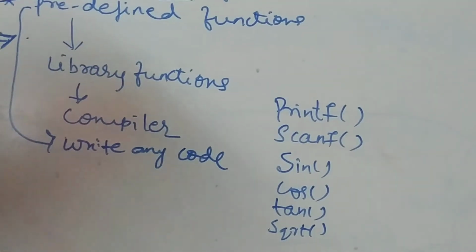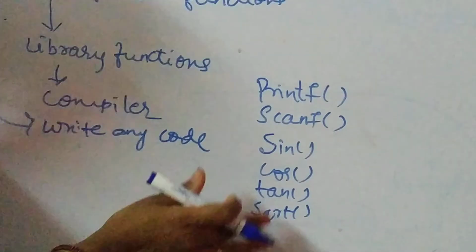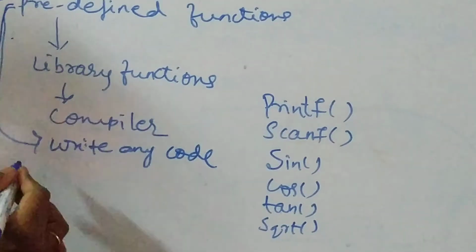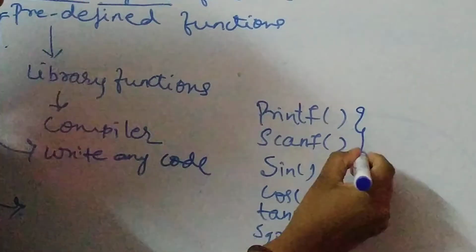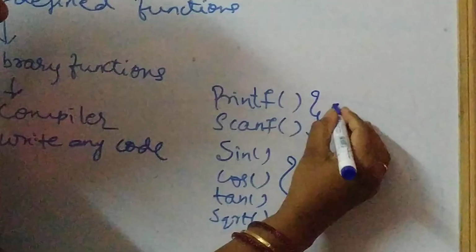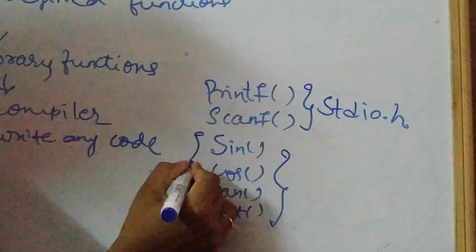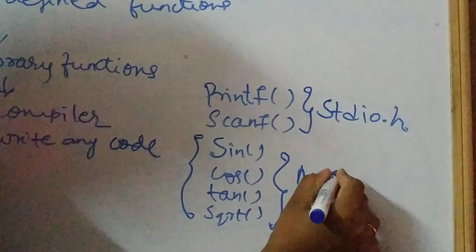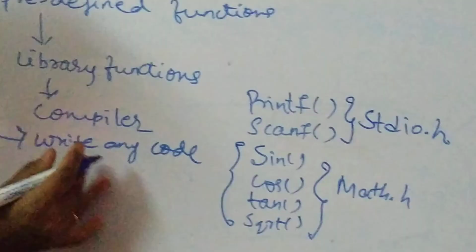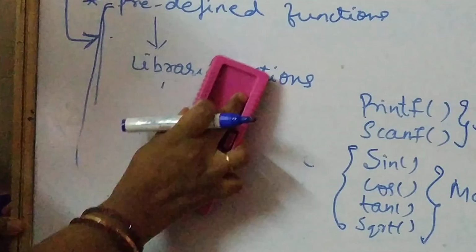All these are predefined functions already written in the compiler itself. To execute these predefined functions, we use header files. For printf and scanf, we use the header file stdio.h. For these type of functions, we use math.h. Without using these header files, the program will not execute. So this is about predefined functions.